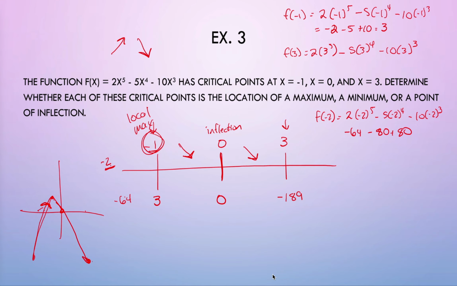And then if we pick something like 4, f of 4 is going to be 2 times 4 to the 5th minus 5 times 4 to the 4th minus 10 times 4 to the 3rd.